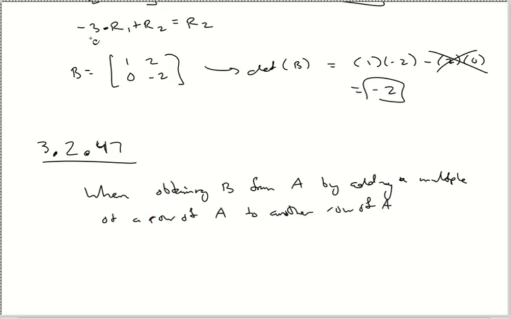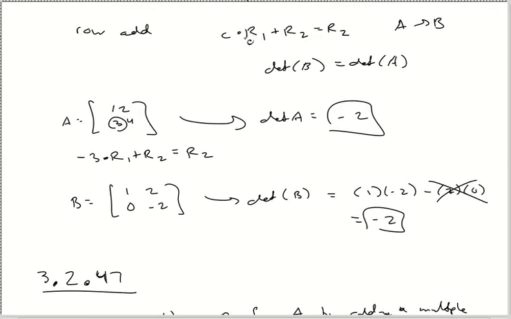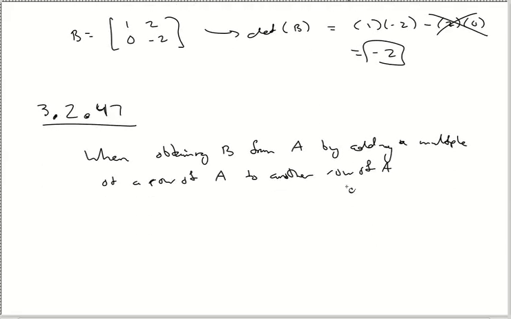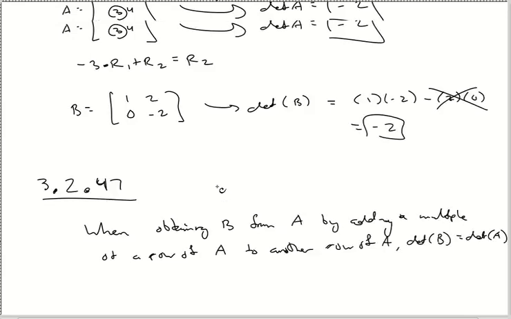All this right here is basically just saying, I'm just stating this thing right here. Row addition with a little multiplier in the front, okay? Then the determinant of my B is equal to the determinant of A. Awesome.